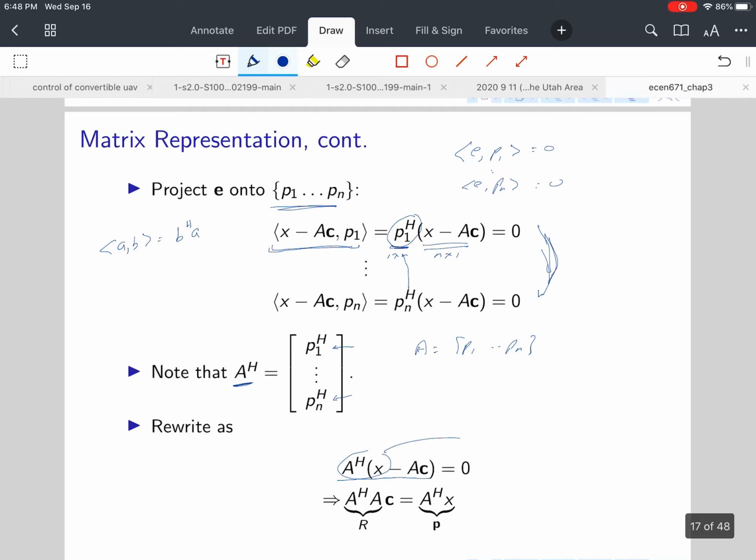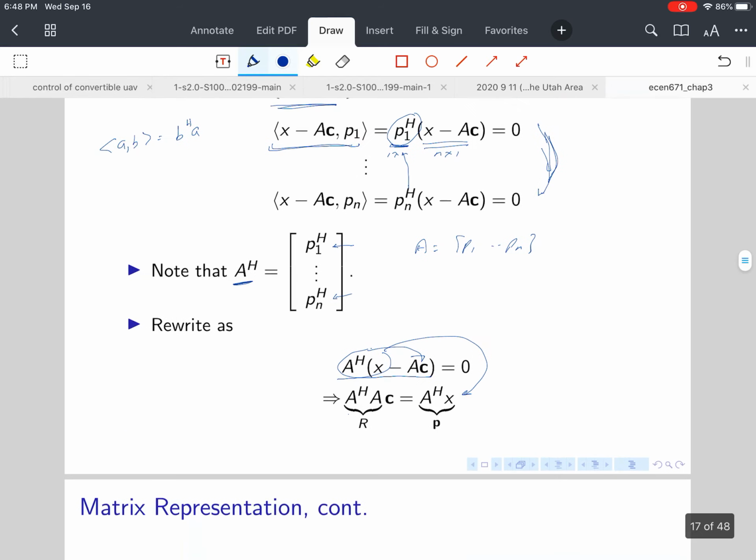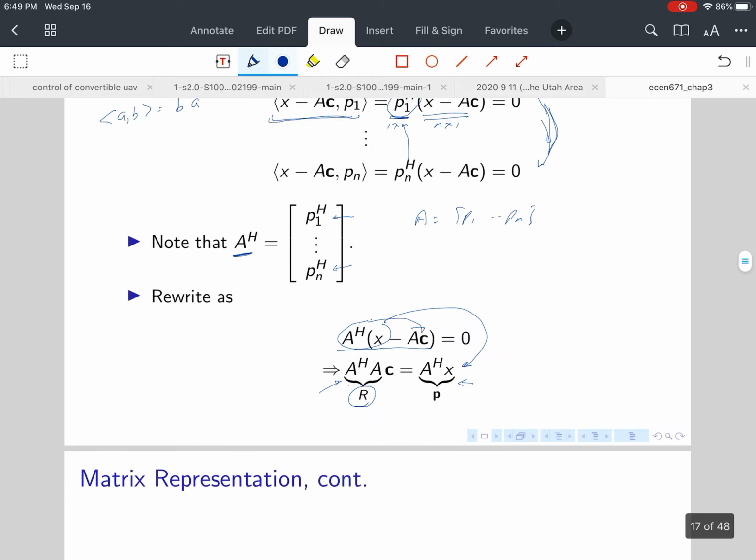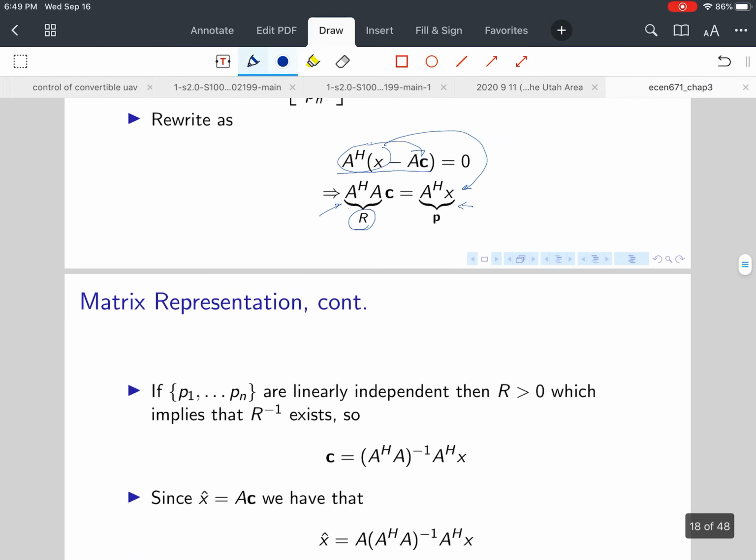Then if we multiply this out, we have A^H x, and we move it to the other side. And then A^H times AC gives us A^H A C, like that. For matrices, if our column vectors are our data vectors, then the Gramian R is equal to A^H times A. And the vector P on the other side is just A^H times x.